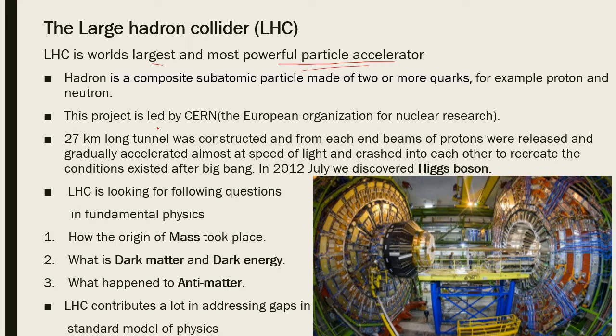This project was led by the European Organization for Nuclear Research. The term hadron here is a composite subatomic particle made of two or more quarks. We discussed what quarks are, for example proton and neutron. So a hadron is made up of two or more quarks.